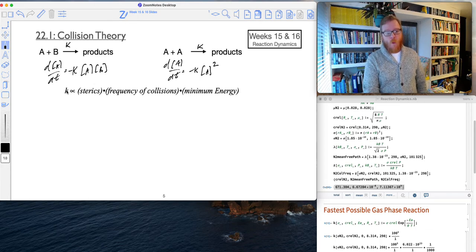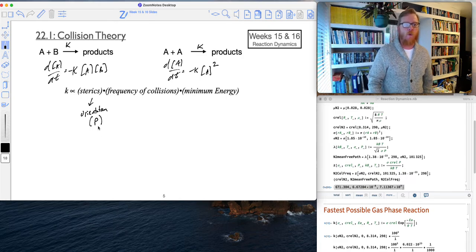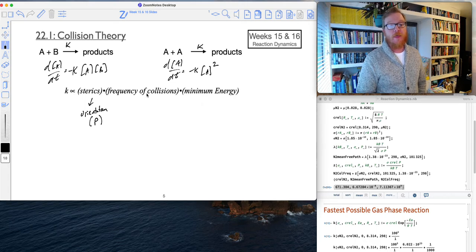Well, that rate constant is going to be proportional to sterics, by which I mean the orientation of collisions. We're going to call that the steric factor, and it gets a capital P. We'll talk in a moment about how we come up with it. There's our frequency of collisions, which we just talked about, our little z.